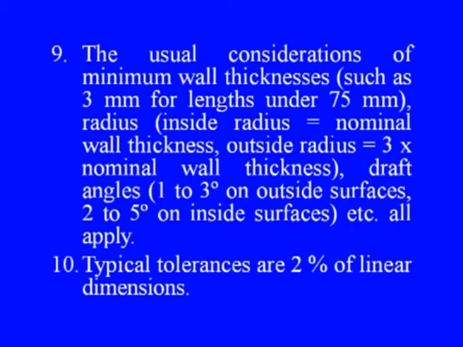The usual considerations of minimum wall thicknesses such as 3 millimeter for lengths under 75 millimeter, radius, wall thickness, outside radius which is 3 times the normal wall thickness, draft angles which is 1 to 3 degree on outside surfaces and 2 to 5 degrees on inside surfaces, etc., all apply.